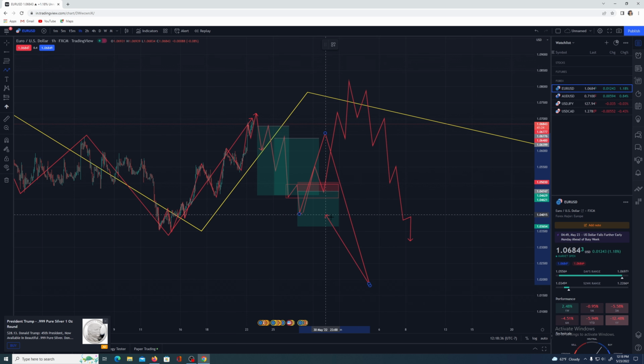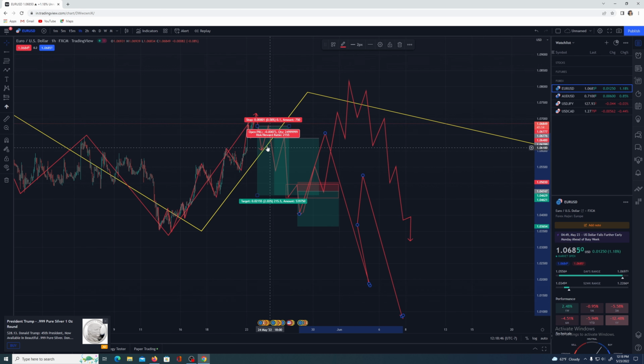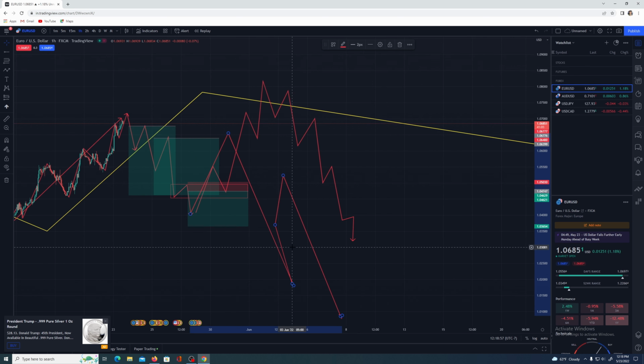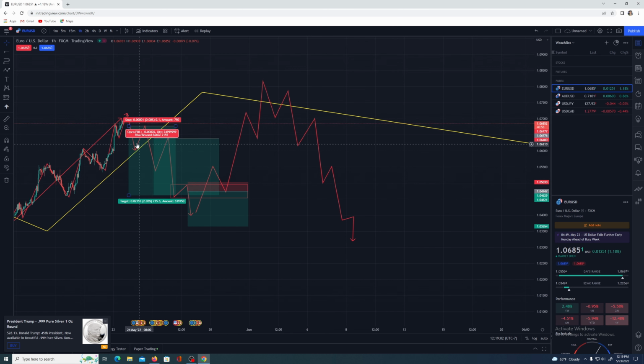And sometimes as it comes back down here, it never comes back to give me an entry, and it just falls off. So if it falls off, I still have 20% on this position, 20% on this position. So that's 40% of a full position that's still making me money on the way down, instead of just closing everything, right? But let's say this didn't happen. I have 20% of these two positions still running.